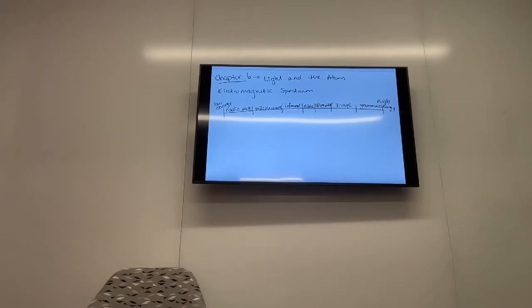Anything else? The longer the waves, the lower the energy. Awesome. Yep. So longer wavelength equals lower energy. What did you say about frequency? Higher frequency means a lower wavelength.